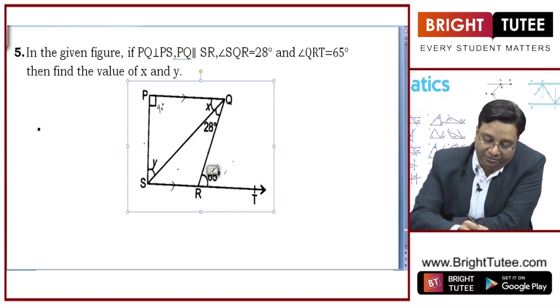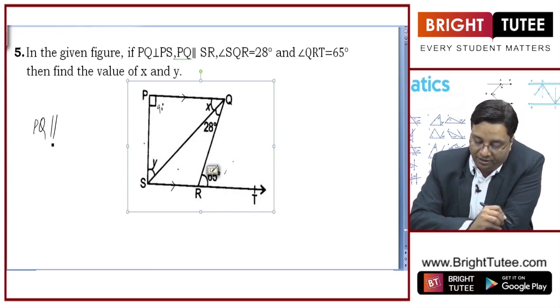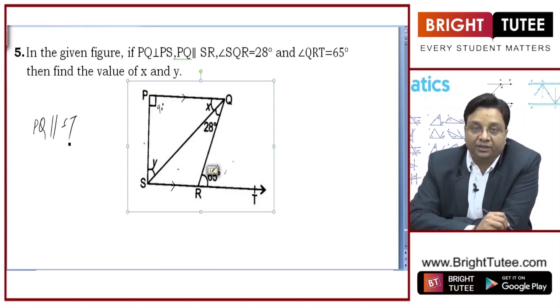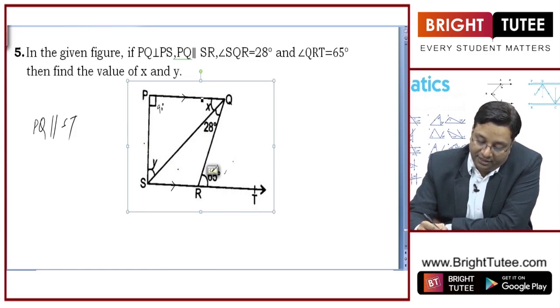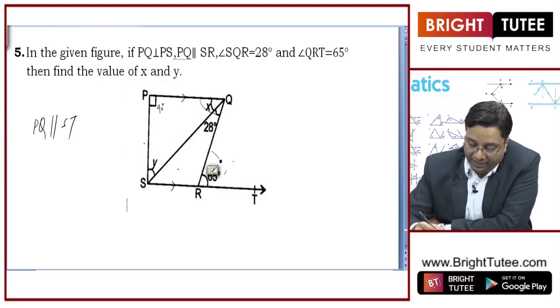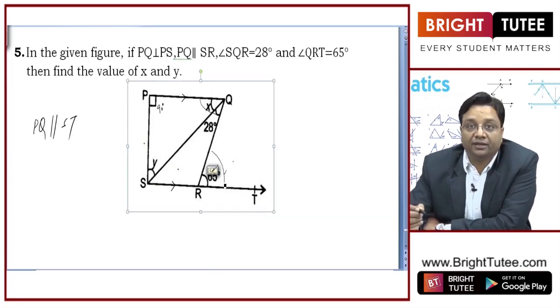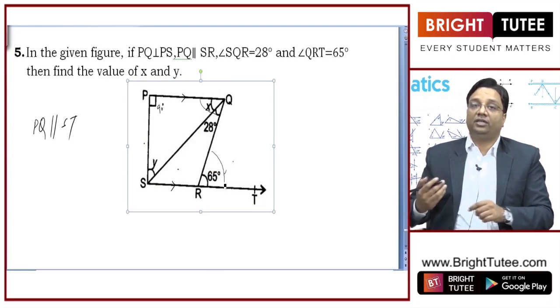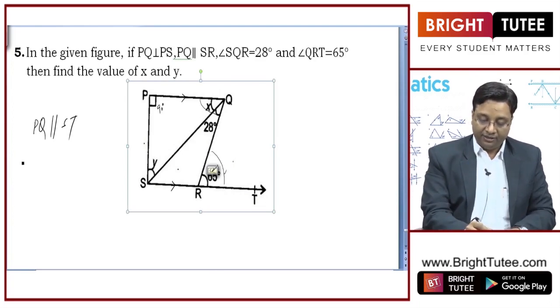So if PQ is parallel to ST, what I can say is that this angle, then you write it, angle PQR, is equal to angle QRT, and then give the reason that these are alternate interior angles. Okay, so PQ is parallel to ST and QR is transversal.